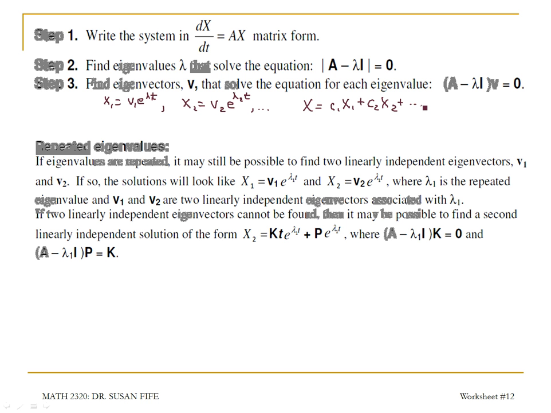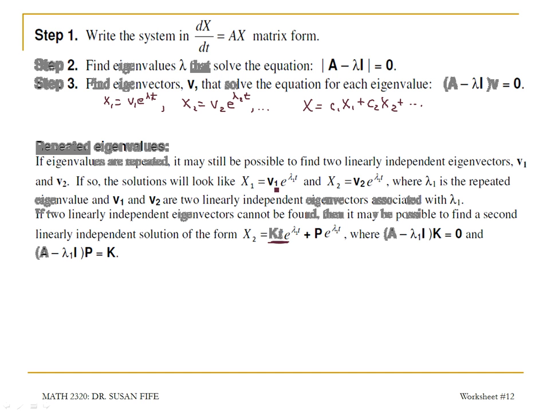So with repeated eigenvalues, you want to suspect that just like with the higher order linear differential equations, you're going to get a second linearly independent solution by multiplying the previous solution by t. And you get something very similar to that here.